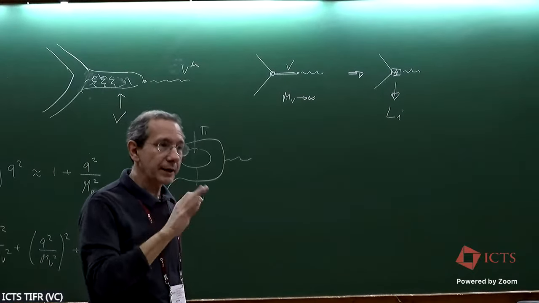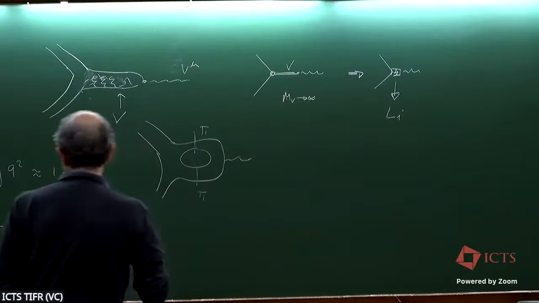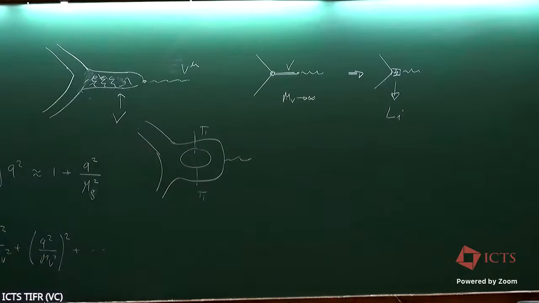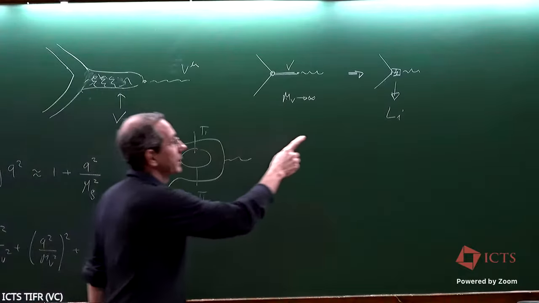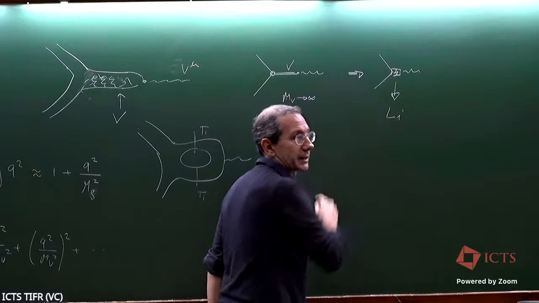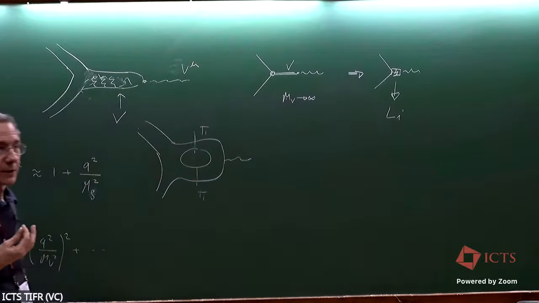Now, of course, an objection here is, well, the L_i are scale dependent, while this is something which, if I compute it like this, will not be scale dependent. So how does this come about? Well, if you look here, we have the values, and we also have the anomalous dimension, which we didn't put there.